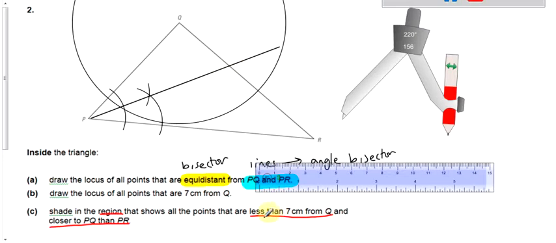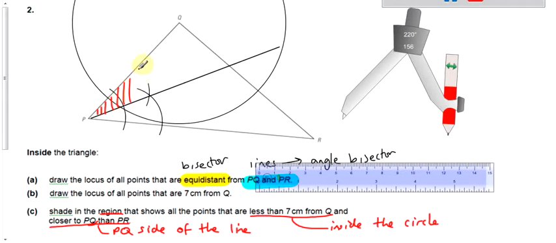So less than 7 centimeters from Q, that means inside the circle. And closer to PQ than PR, that means on the PQ side of the line. So, inside the circle and on the PQ side, that to me sounds like it's over here.